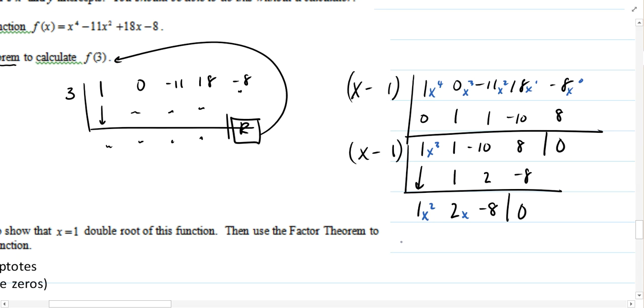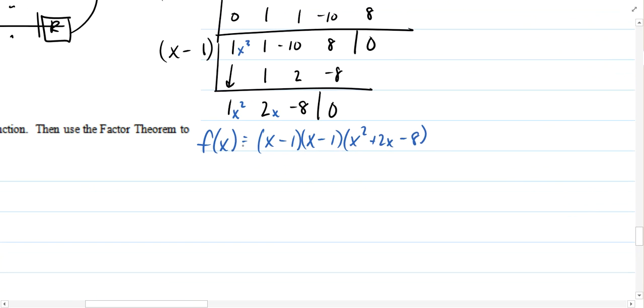So we've got this function that ends up being equal to two factors, x minus 1, and a third factor, x squared plus 2x minus 8. And as it turns out, this final quadratic factor, and I'm going to report this as a multiplicity of 2, the duplicate factors here. But this factor of x squared plus 2x minus 8 looks to be factorable as well as a standard trinomial.